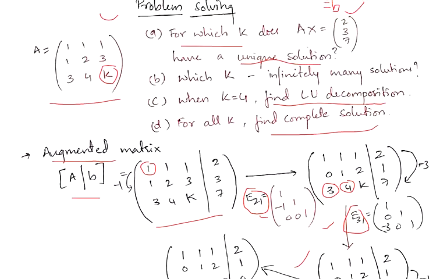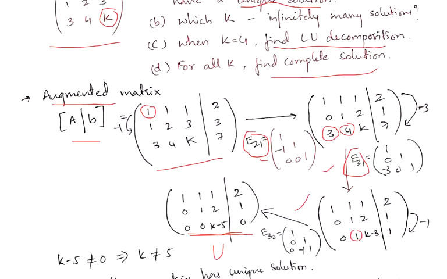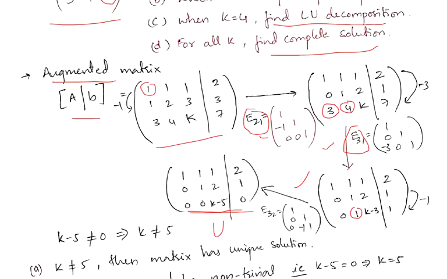Coming to the first question: unique solution. Remember what I said in the last class: for a unique solution, the rank of the matrix must be equal to the number of columns. There are 3 columns in the upper triangular matrix.